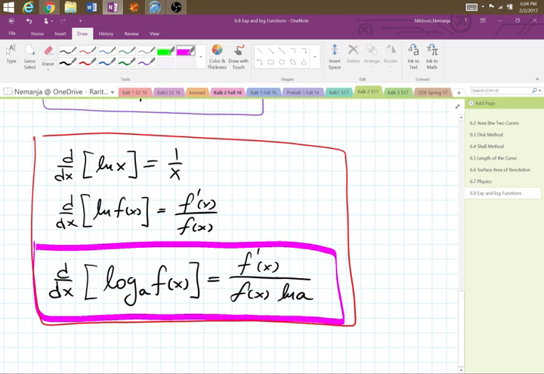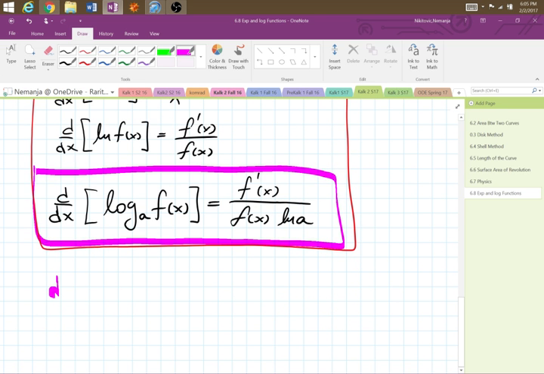So this is the case that you are at least remembering, but then that's the one that has everything in it. It has a function and also any base. So this is how we take derivatives of log. And we are going to immediately work on an example.